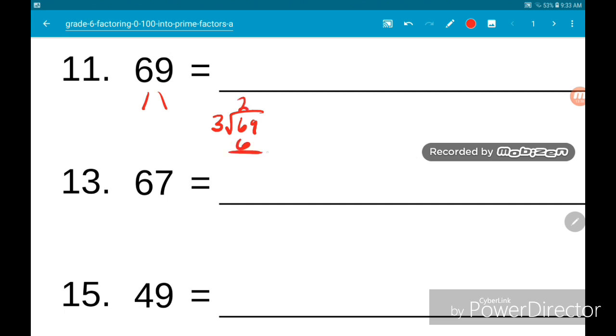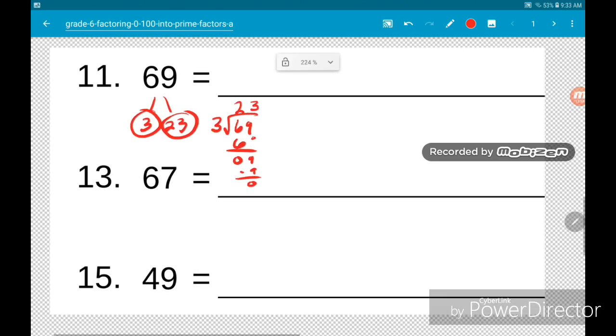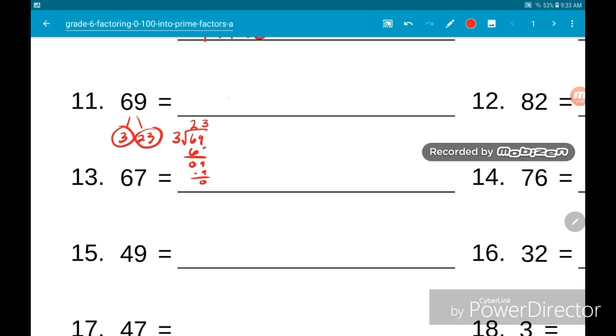That's 6. It goes into 9 3 times. So the prime factorization is 3 and 23. That's a prime number. And that's a prime number. So the prime factorization for 69 is 3 times 23.